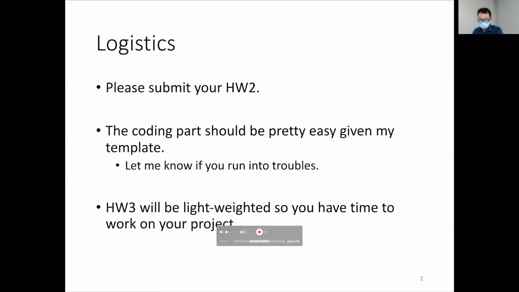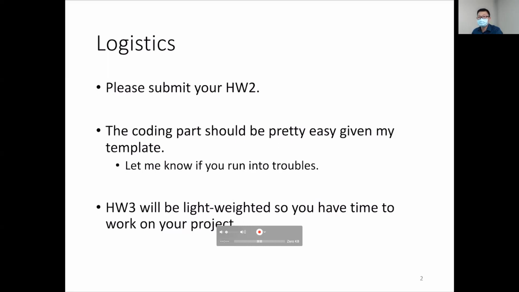I've tested it a few times, but maybe there are still some small issues in the code. I didn't exhaustively try out what happens if one part of the code is implemented wrongly, or whether you'll see things that are sensible. In the interest of giving you enough time to do your course project, homework 3 will be lightweight.